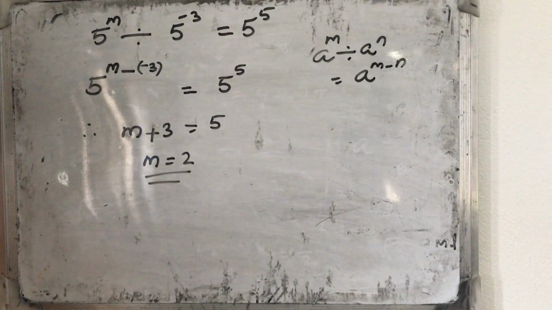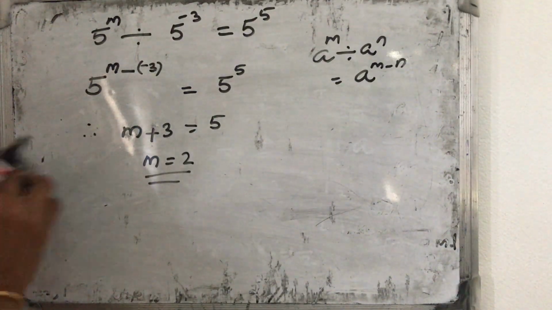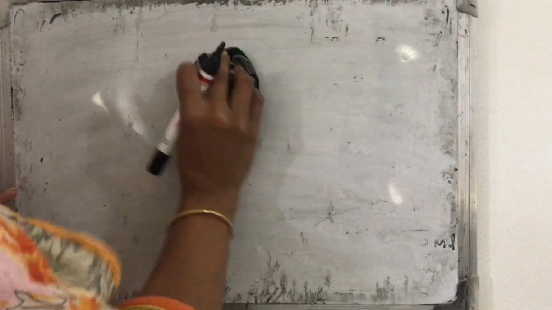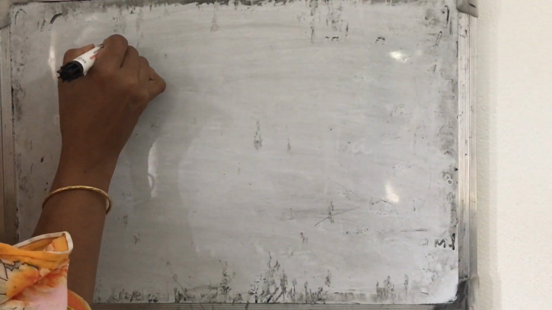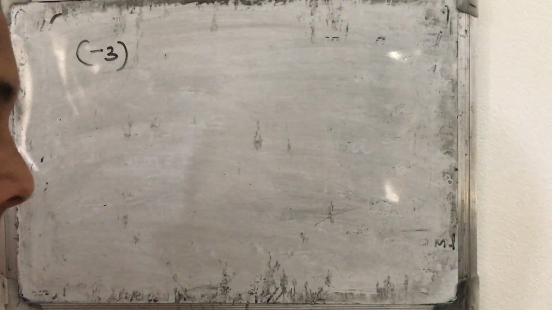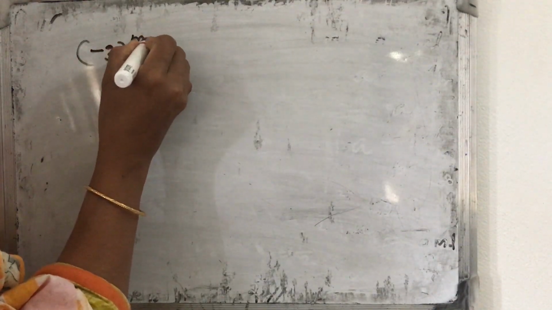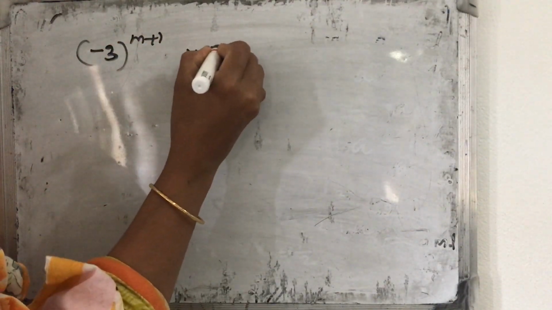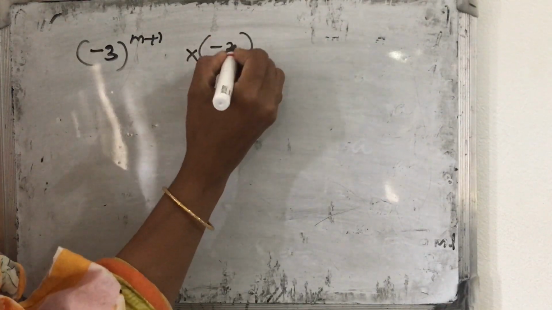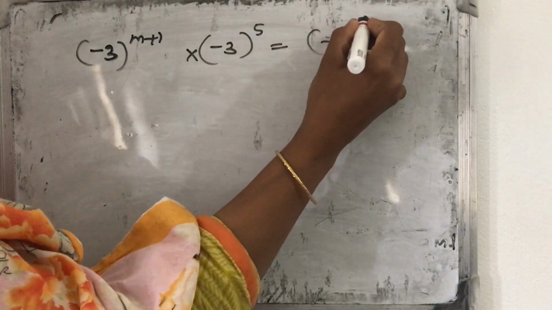In the same way, another question: find the value of m. Another question of that type is there. If the given question is of this type: minus 3 whole raised to m plus 1, into minus 3 whole raised to 5, equals minus 3 whole raised to 7.